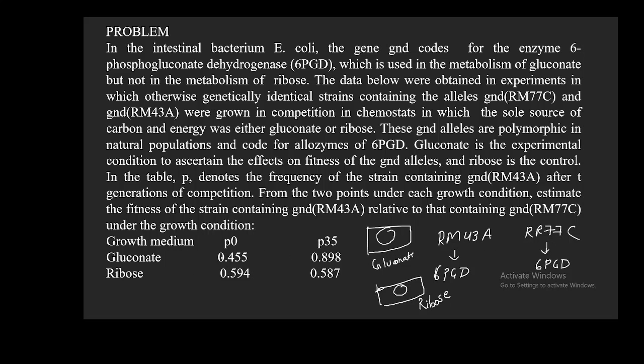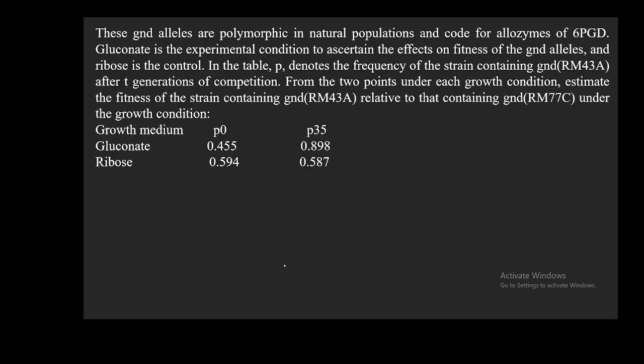Okay, so for this, you know the frequency of RM43A, which they have given at 0 generation, and similarly this is the RM43A at 35 generation, and this is in the presence of ribose, this is in the presence of gluconate.